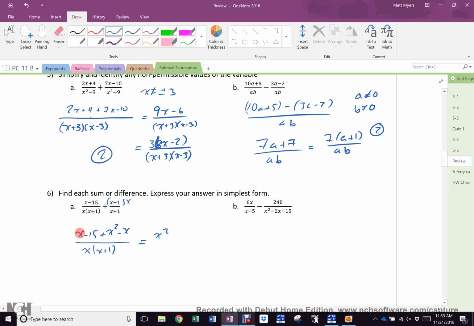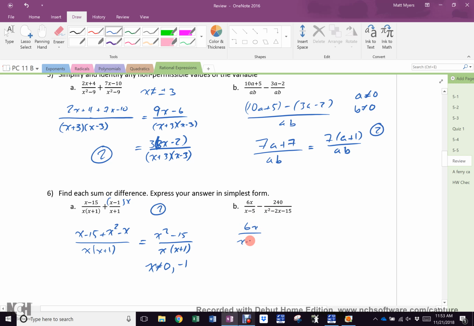X squared, what's x minus x? Gone. X squared minus 15 over x, x plus 1. Am I done? I need restrictions. What are they? X cannot be 0 or negative 1. 2 marks.